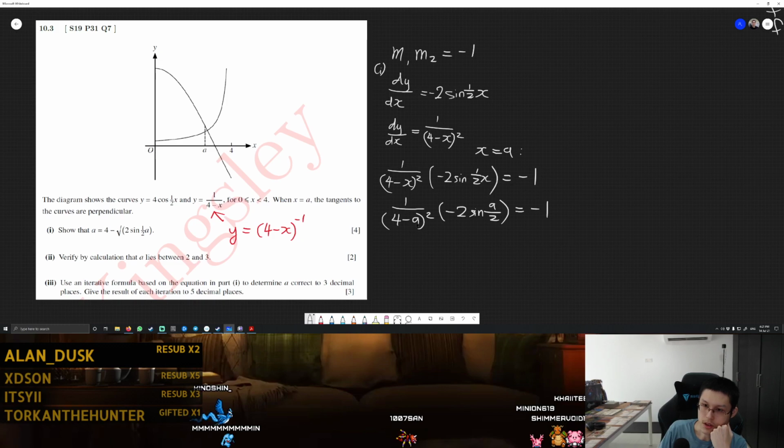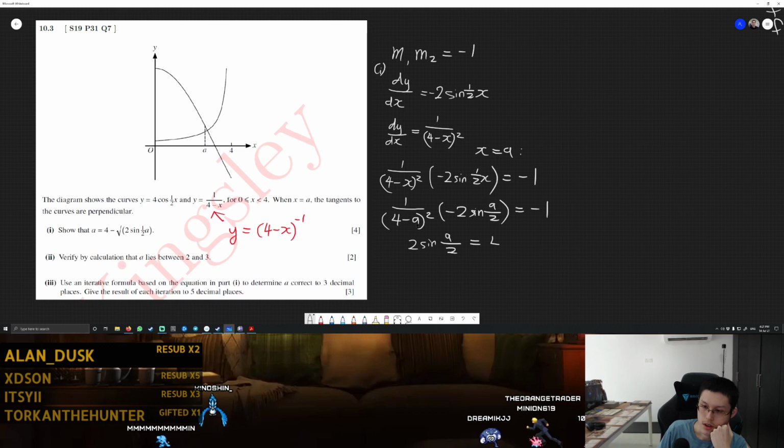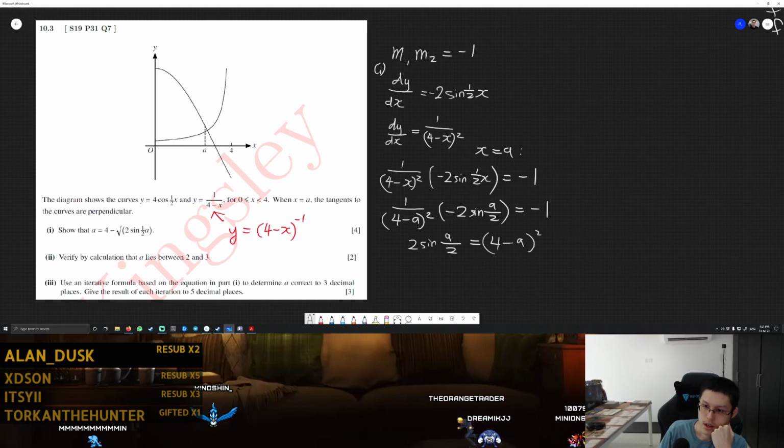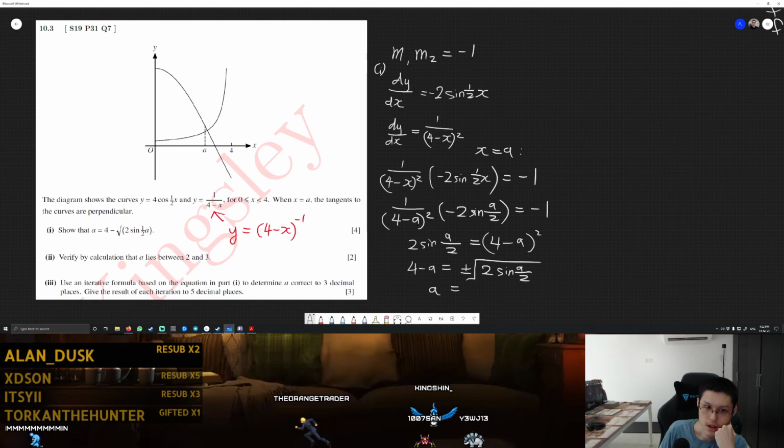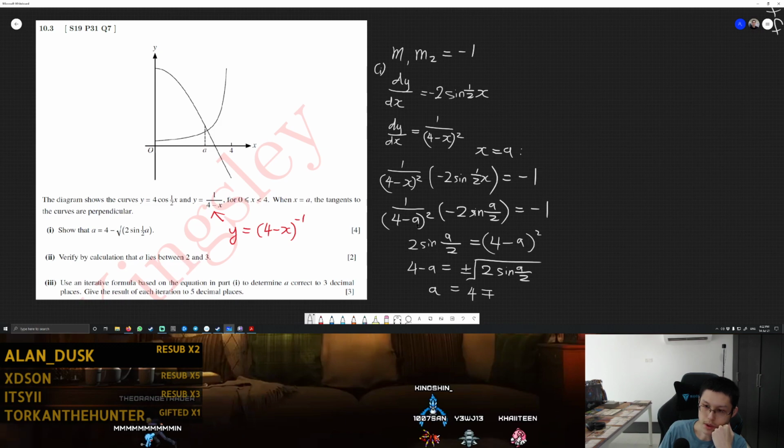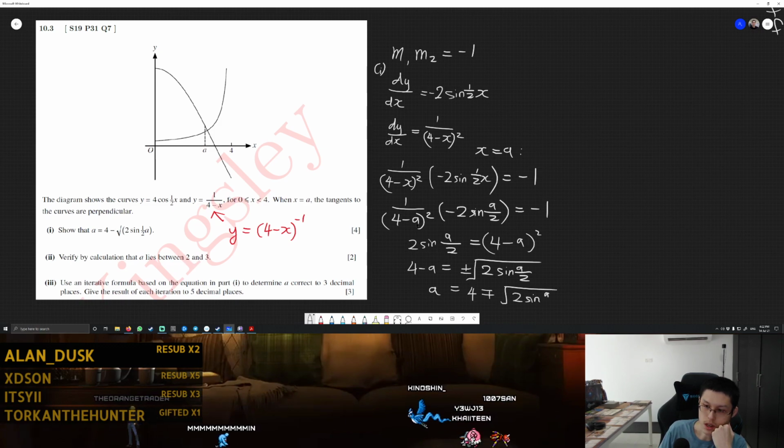So we're going to have, let's see, -2 sine a over 2 equals, get rid of this negative, 4 minus a squared. So 4 minus a is equal to square root, plus or minus, 2 sine a over 2, and then a is equal to 4 minus or plus 2 sine a over 2.